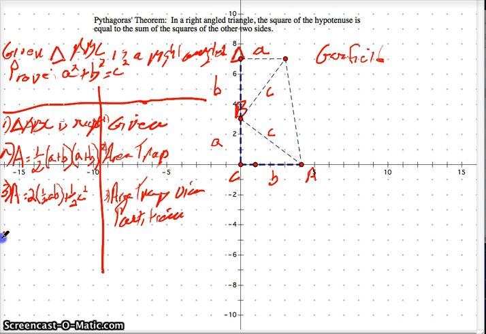A equals A, and then through substitution, I know that I'm going to put this over here, that 1/2 A plus B times A plus B is going to equal 2 times 1/2 AB plus 1/2 C squared.